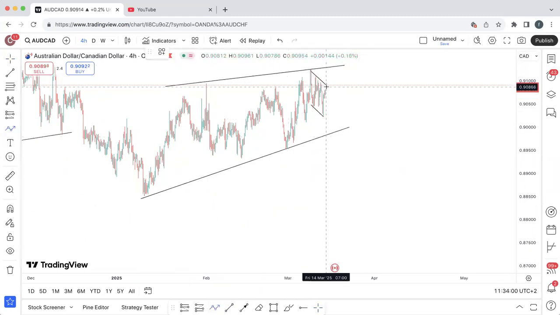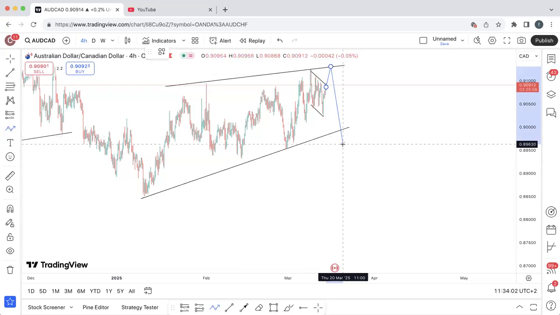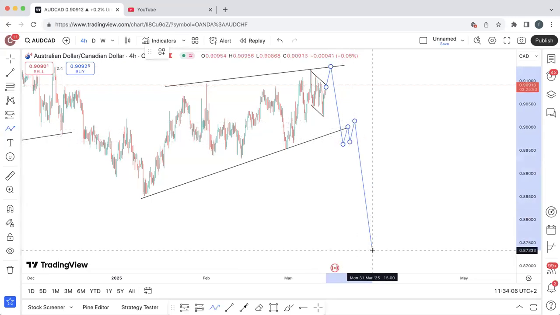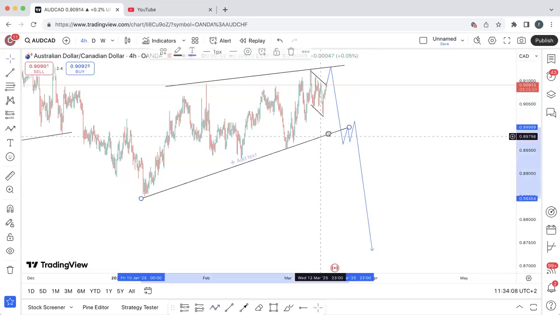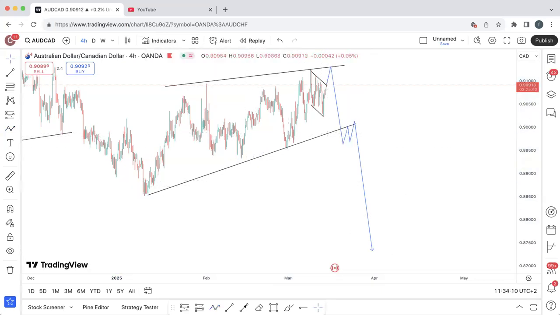Maybe if it forms a possible touch, and then near the breakout area gives us another continuation pattern, that's when I'd be interested in going forward for those sells again, because the probability will be increased once price is near that breakout area.